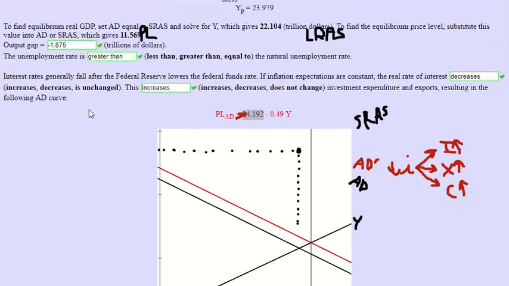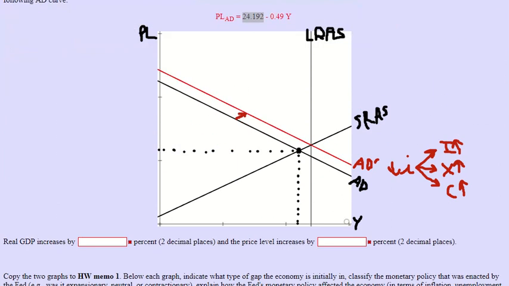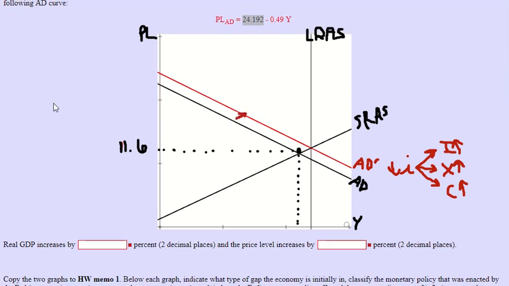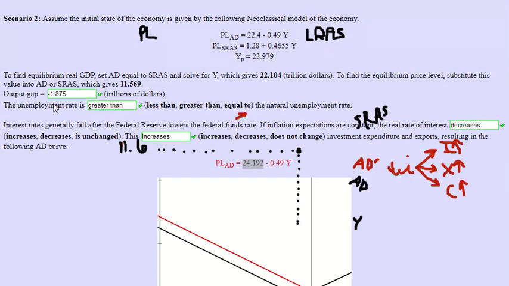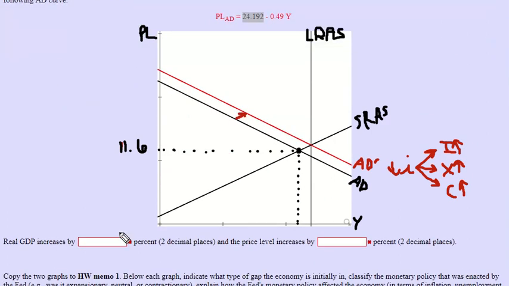The price level initially was 11.569. I'll call it 11.6. The GDP level was initially 22.104, 22.1. Okay, and then we have the new equilibrium where we got GDP equal to potential, right?